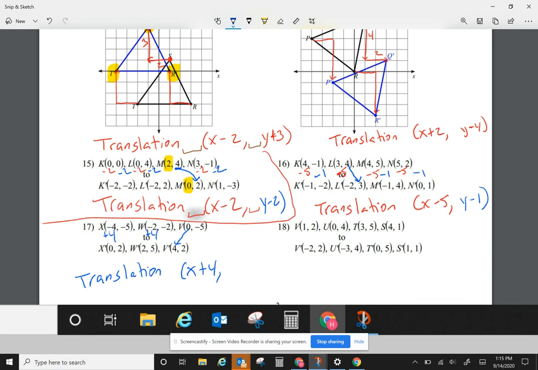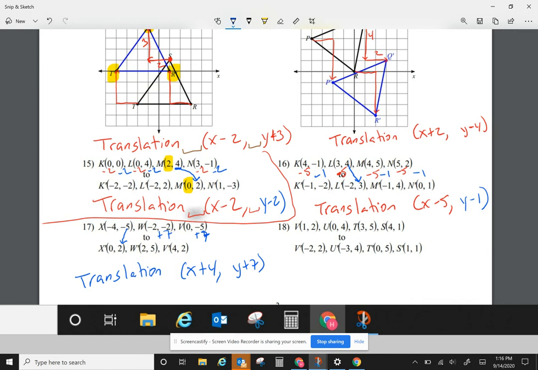Now for my y values, let me focus on y now. What do I do to my y values? I think it would be easy to follow this one. Negative 5, I have to make it 2. In order for negative 5 to become positive 2, let me add 7. It works on all of them, so let me call that y plus 7.